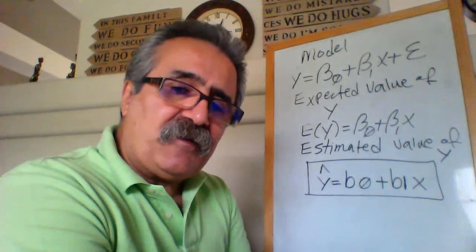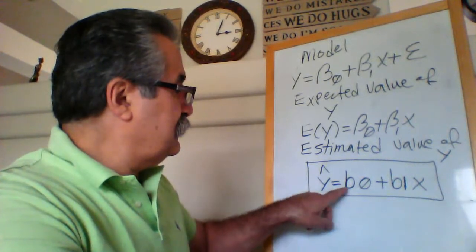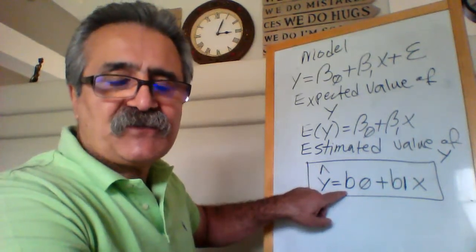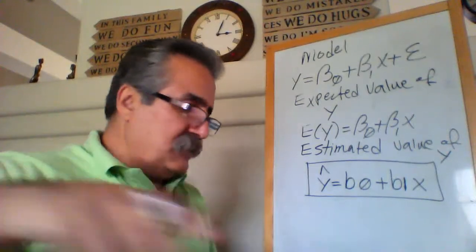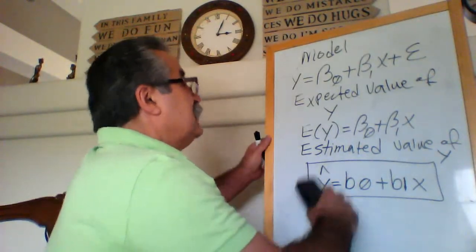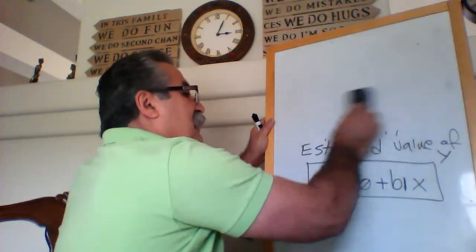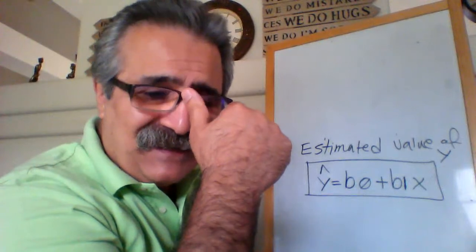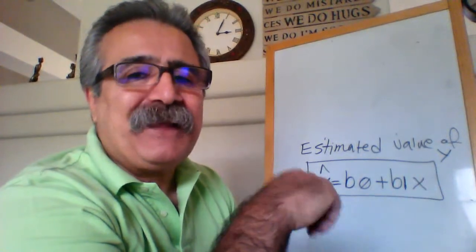So when we are dealing with two variables, the first thing that we have to do is develop the line regression equation. This is the estimated value of y, or line regression equation. Oh, by the way, the x variable is called the independent variable, and the y variable is called the dependent variable.